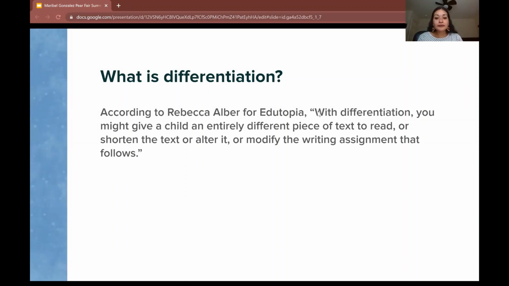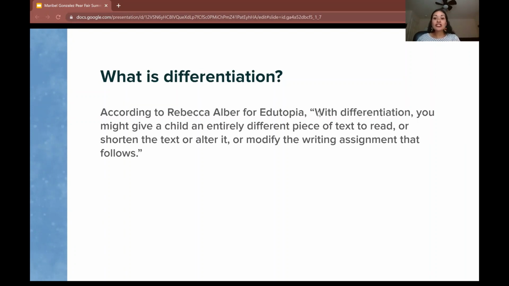Differentiation, according to Rebecca Alber for Edutopia, here is an example where you might give a child an entirely different piece of text to read, or you completely shorten it, or you alter it, you modify it, right? So you're truly giving the child who needs the differentiation a different assignment without their consent.